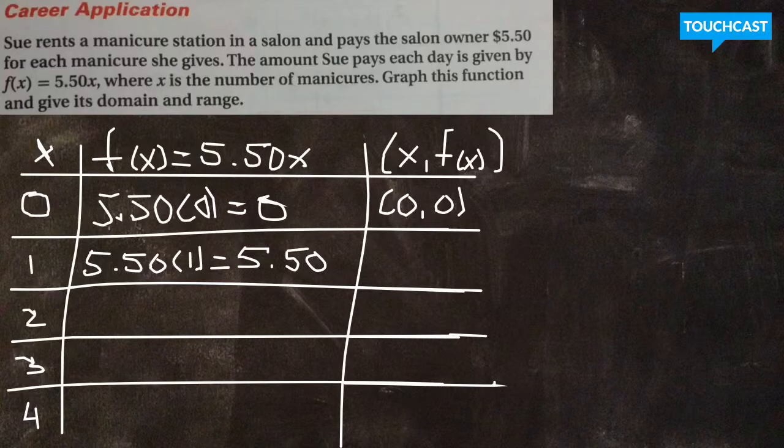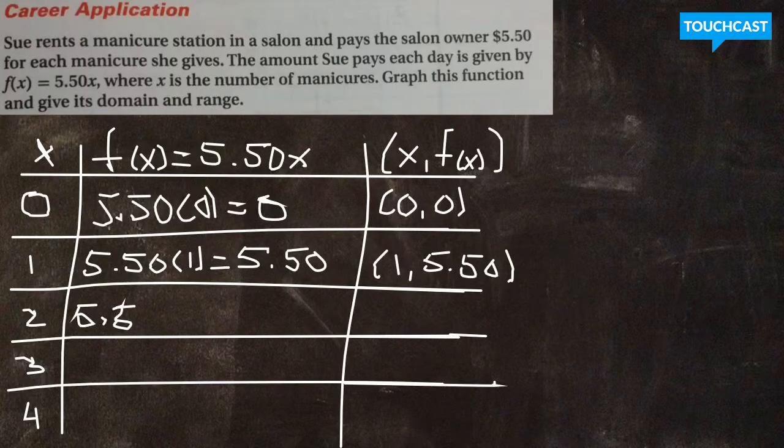So our next ordered pair is 1, 5.50. If she gives 1 manicure, she has to pay $5.50. Now if she happens to have 2 customers, she'll have to pay that twice. $5.50 times 2, that's $11. So our next ordered pair is 2, 11.